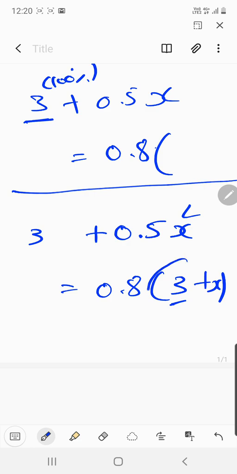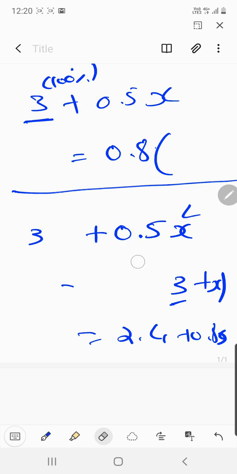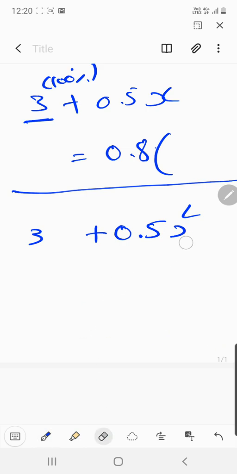So 80% solution of milk and tea. This, open the brackets, 2.4, 0.8x, do the maneuvering of linear algebra, etc., and x is equal to 2. So let's leave that at that.